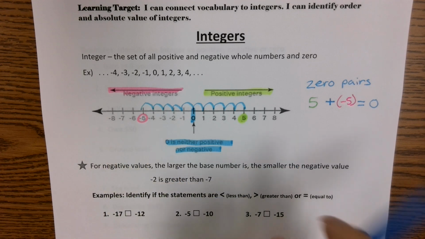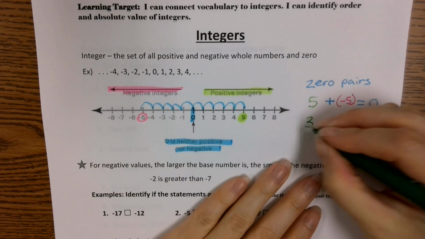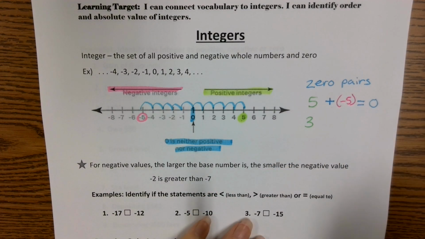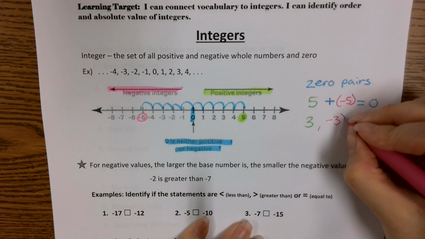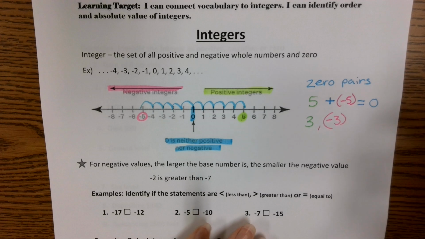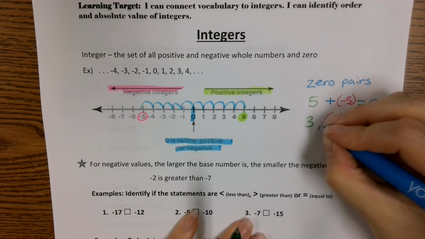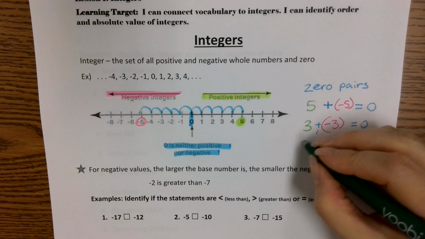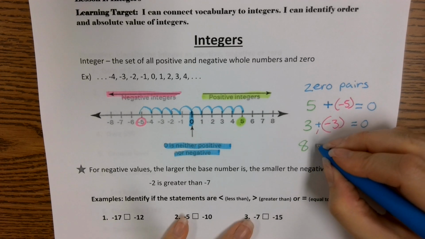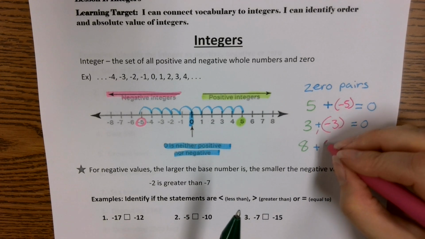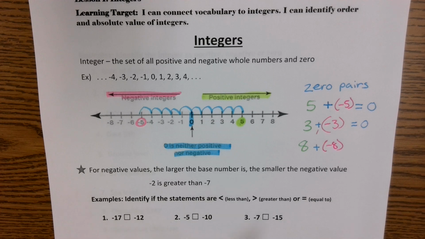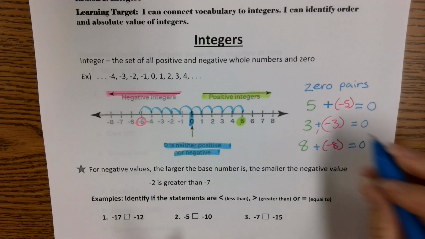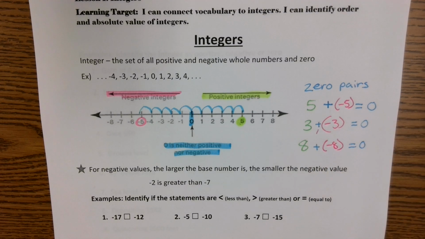Those are 0 pairs. So if you want to write that stuff down, that's perfectly fine. So we got the example 3 and negative 3. When you add those together, that'll equal 0. If we did 8 plus negative 8, that's going to equal 0. Those are all considered to be listings of 0 pairs.